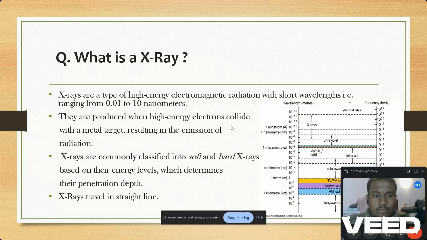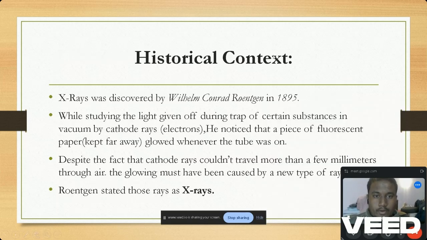So, now moving to the next page, the historical context, meaning how X-rays arose. X-rays were discovered by Wilhelm Conrad Roentgen in 1895.